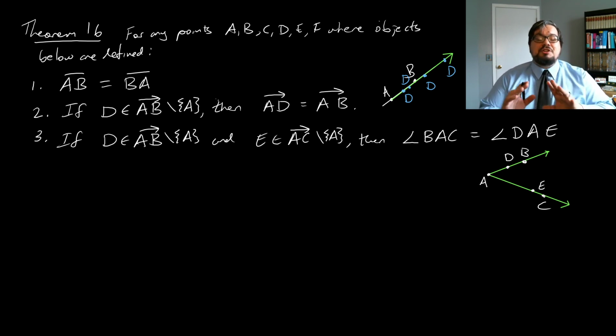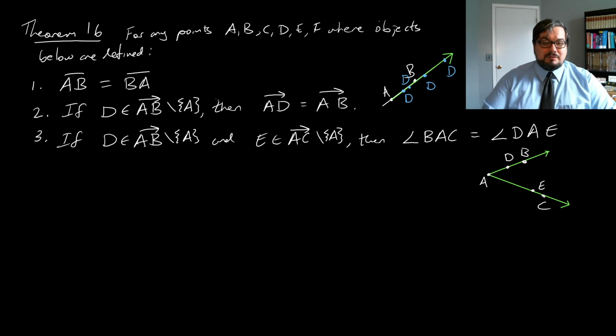Now, we haven't started talking about congruence yet. When we say that these segments or rays are equal, we mean equal as sets. They contain exactly the same points. They lie right on top of each other. So let's go on to part 4.